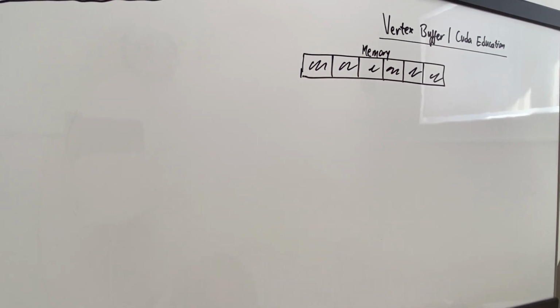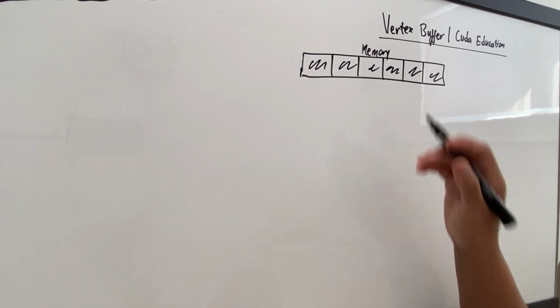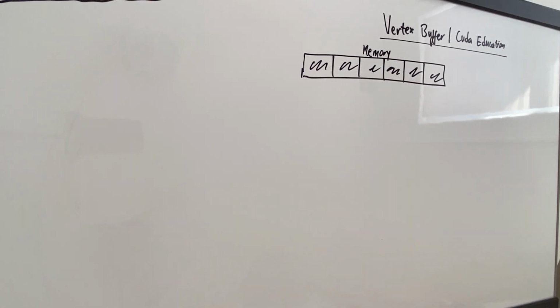So there are a couple of things that we have to do in order to communicate exactly what is in memory and what we need to do about it.